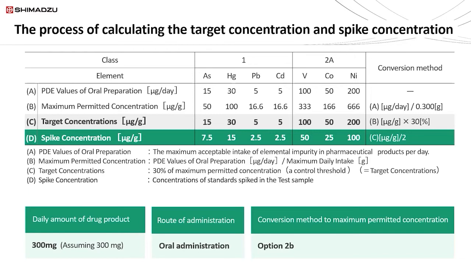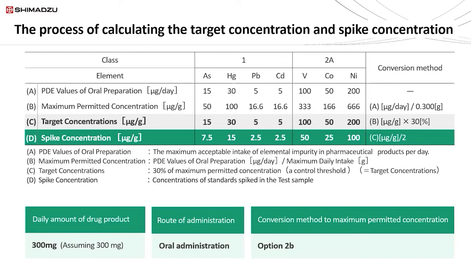Then the maximum permitted concentration. Okay, how do you get the maximum permitted concentration from the PDE values? There are different conversion factors specified within the USP guidelines. We used option 2B, which is listed below, conversion method to maximum permitted concentration.